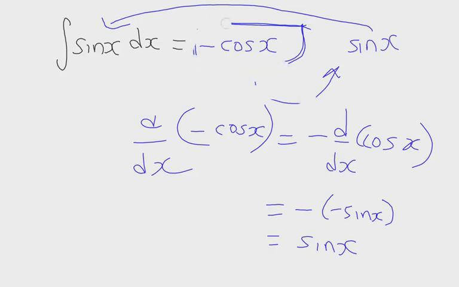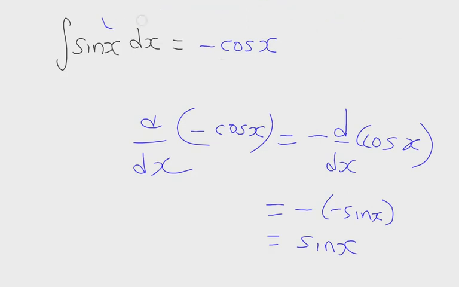That if you integrate sin x, you are going to get minus cos x, and then if you differentiate minus cos x, you are going to get sin x. Okay, so let's proceed. So the integral of cos x dx will give us sin x.